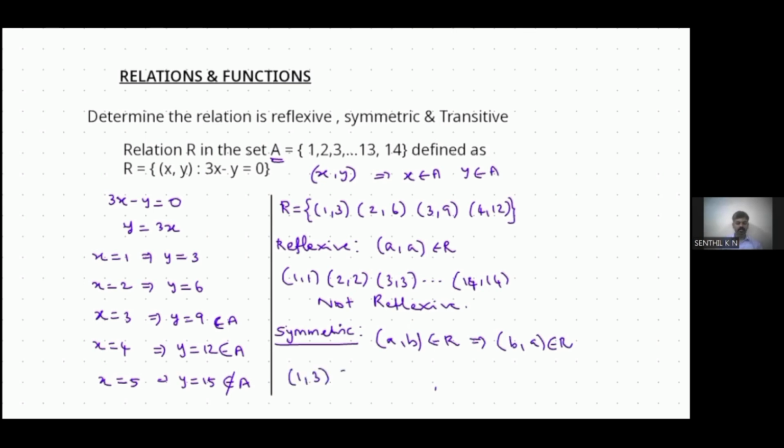If we reverse the element, we get what? (3, 1). Whether (3, 1) is an element of R? No, it is not an element of R.